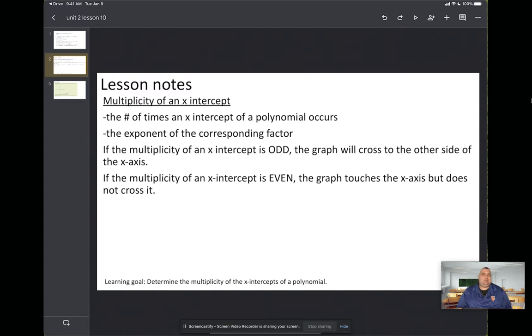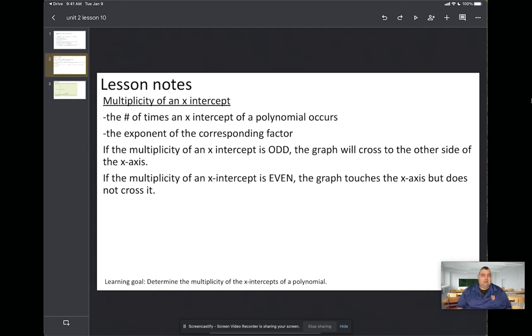Now, what does the multiplicity actually do? What the multiplicity actually does are these two things here. If I have a multiplicity of an X-intercept that is odd, that means the graph will cross to the other side of the X-axis. If the multiplicity is even, the graph will still intersect the X-axis.